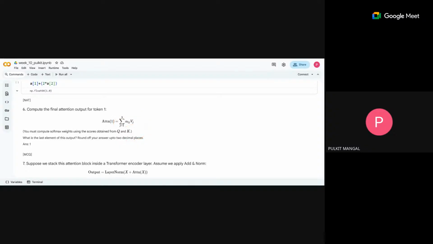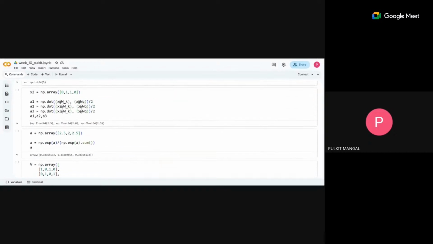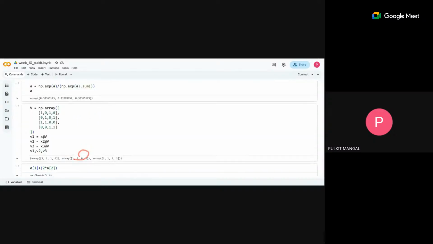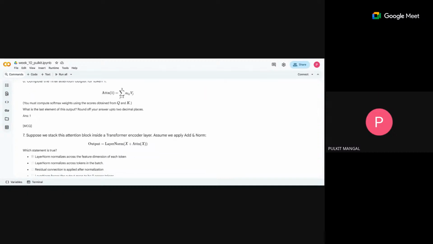So alpha 1 1, alpha 1 2, alpha 1 3. Alpha 1 1 was this, alpha 1 2 was this, alpha 1 3 was this. These have to be multiplied with v1, v2, v3, and then you do the summation of that. That gives you your final attention output.